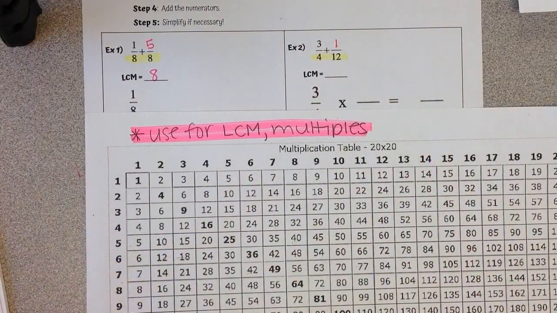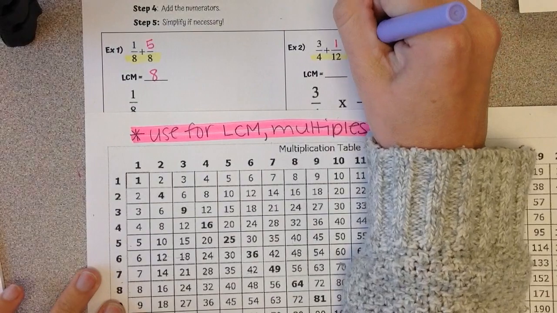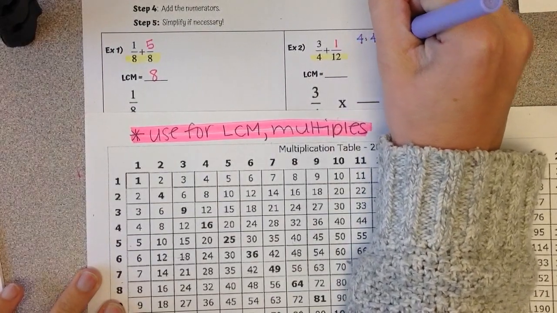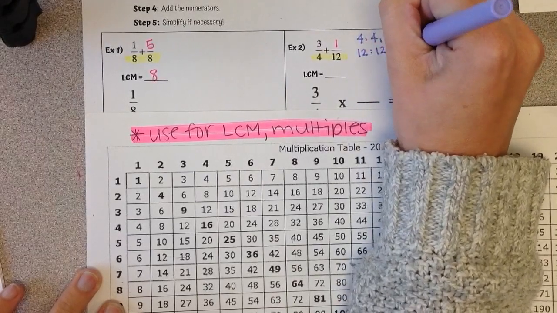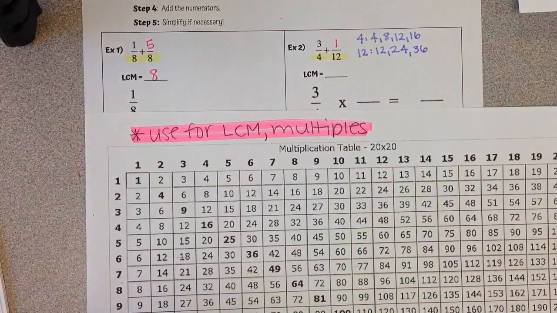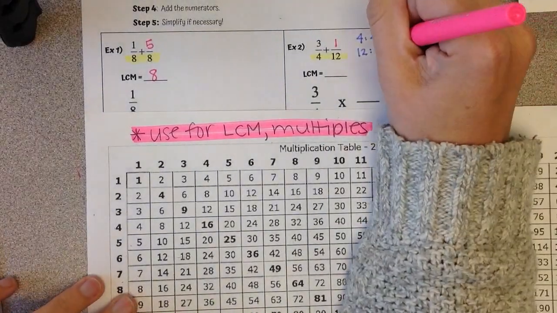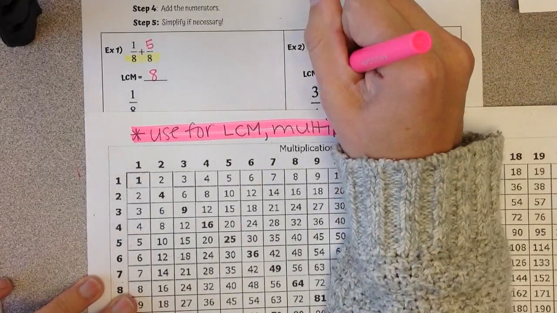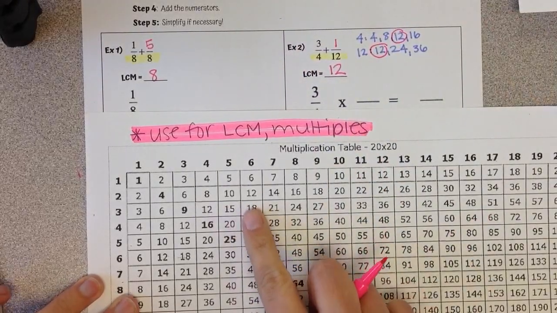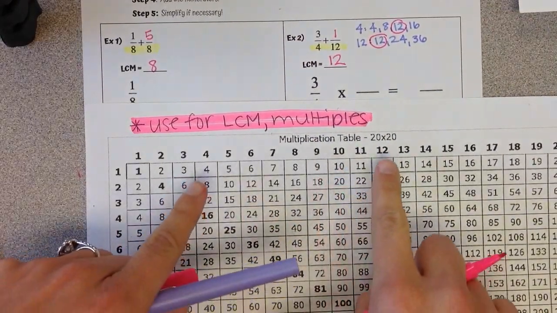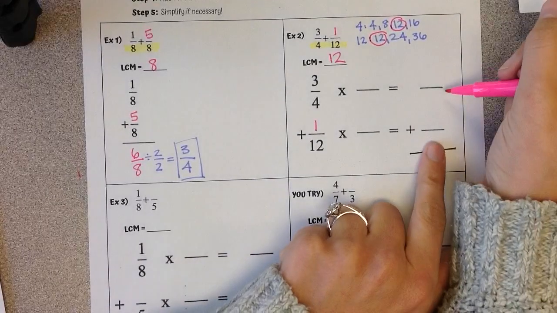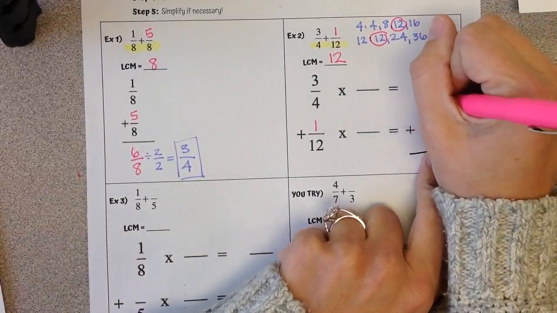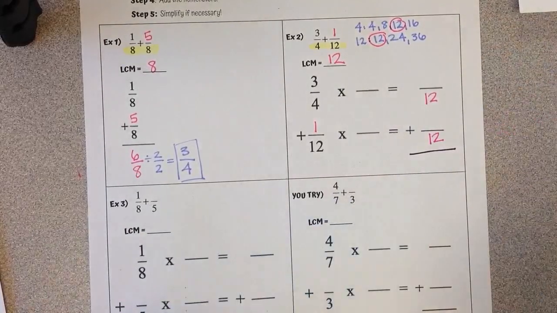If you want to, you can write out your multiples on the side. 4, 8, 12, 16, and 12, 24, 36, and so on, and look for the lowest one that they both share, which in this case is 12. Or you might be able to just look at your chart and see where's the first number that they both match up with. So their least common multiple is 12. So I'm actually going to jump right to the end over here. My denominator for both of these has to be 12.